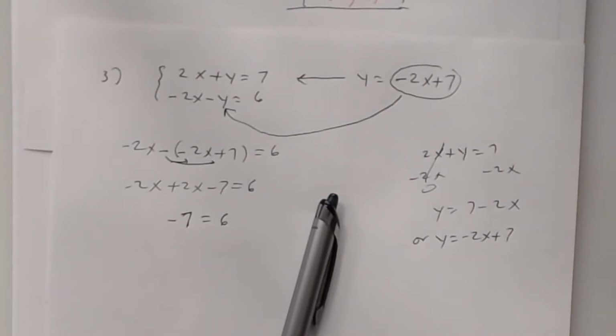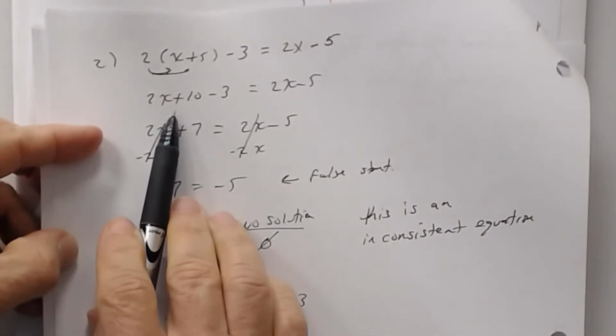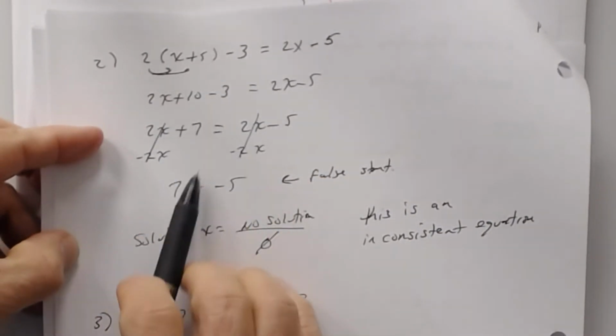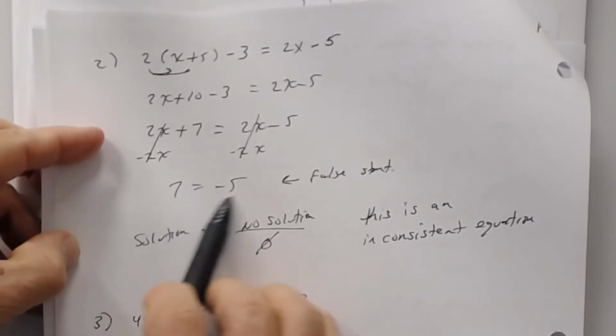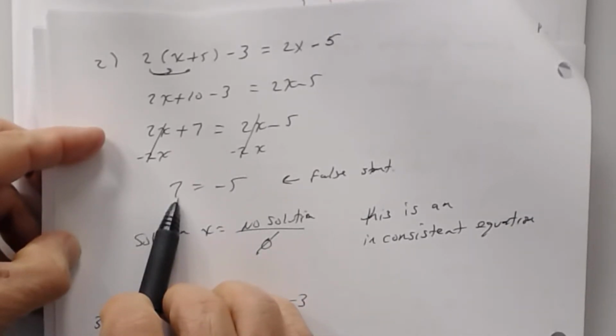Okay? Now, on day 3, see how some of you already forgot some stuff you had? On day 3, do you remember when you solved a linear equation? This was on day 3. So we solved this linear equation. What did you notice? Inconsistent. The variable disappeared, right?